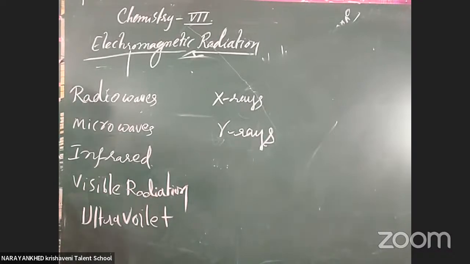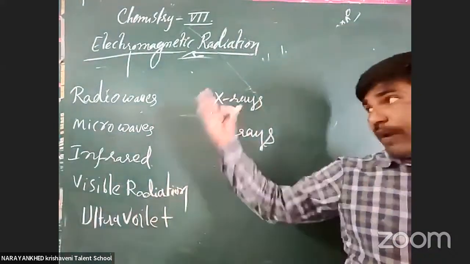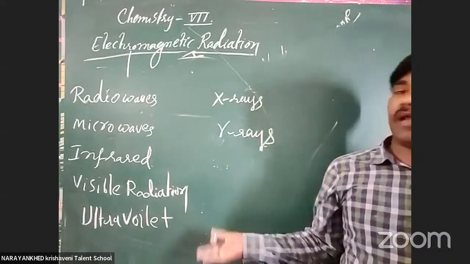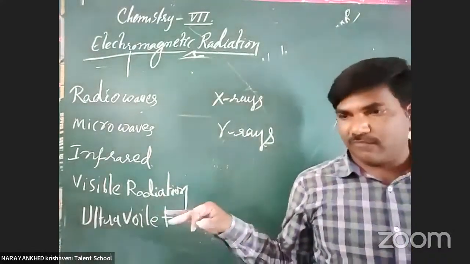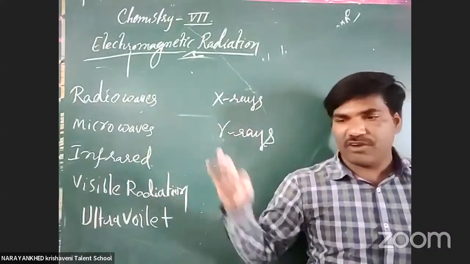Yes, the given information is clear. Our electromagnetic radiation contains any one of these rays, whatever I have written on the board, or all of them may be contained inside. Any two, any three, any four combinations can also be made.